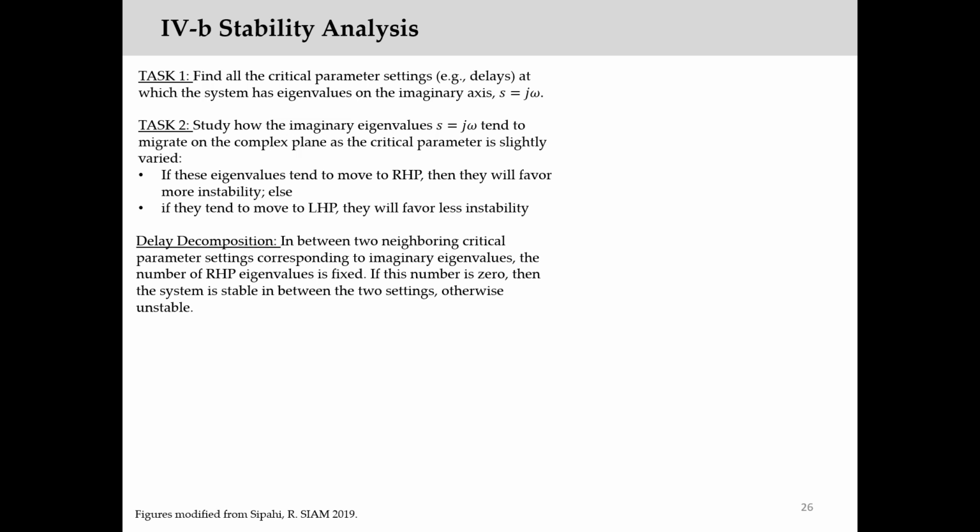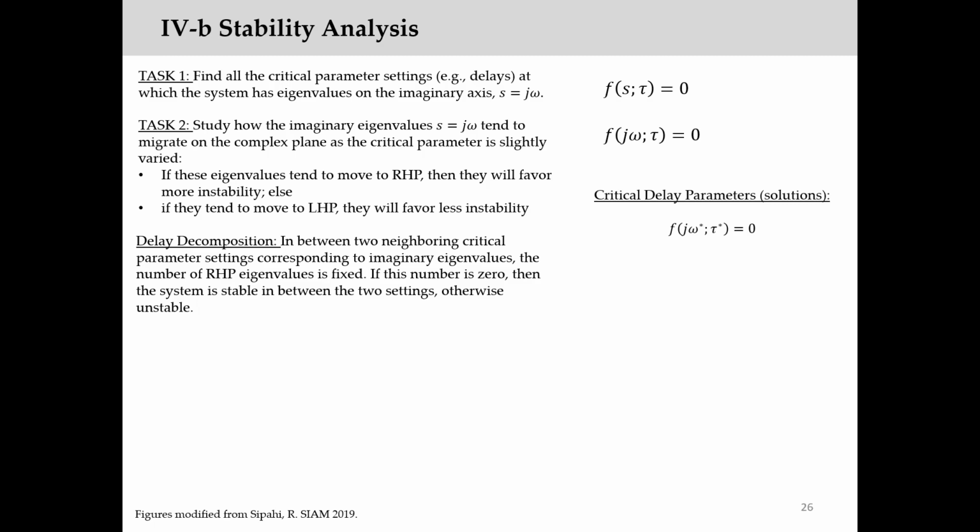I don't want to really repeat everything from that recording, but just to refresh our memory, with all these discussions up to this slide, we have motivated and explained how we get to this point, where our goal is to identify whether or not system eigenvalues can ever be on the imaginary axis at values s equals j omega. And our goal is to find all the delay values tau and all the values omega for which eigenvalues touch the imaginary axis at s equals j omega.